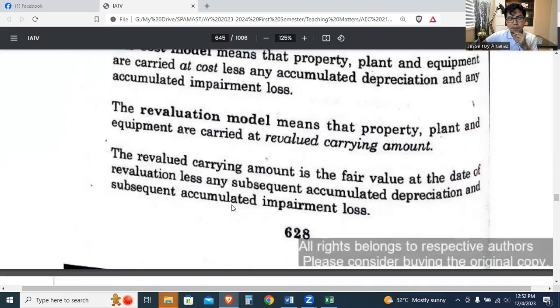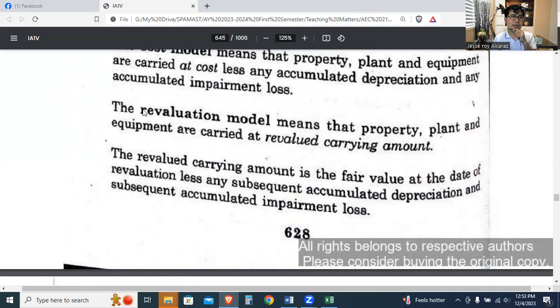An alternative of that, which we will no longer be discussing, is the revaluation model. It means that property, plant, and equipment are carried at revalued carrying amount. We still follow the cost and then depreciation. However, every now and then, naga-revalue ta sa maong equipment. So we will be hiring experts, consultants probably to assess and revalue the equipment.